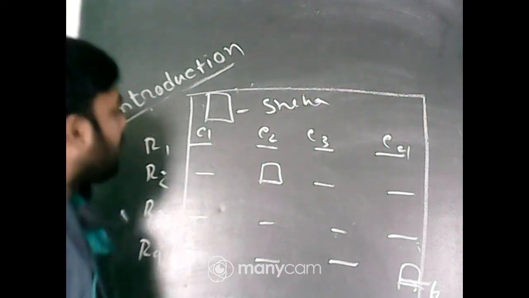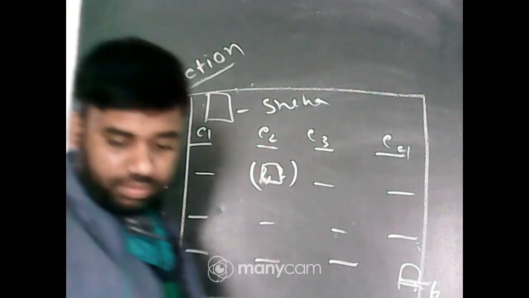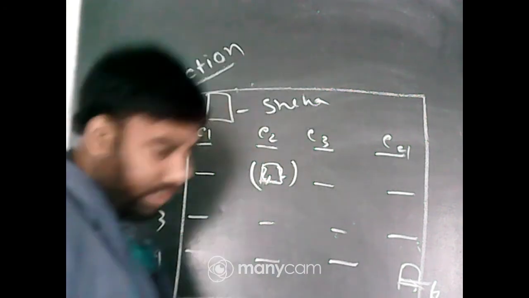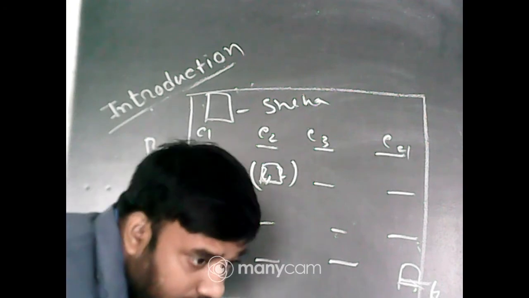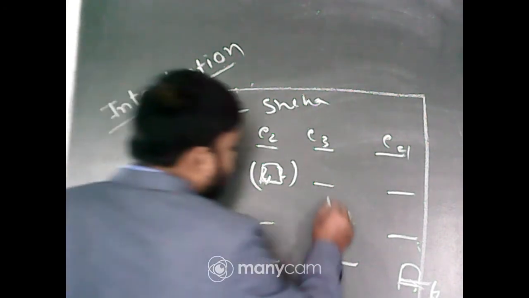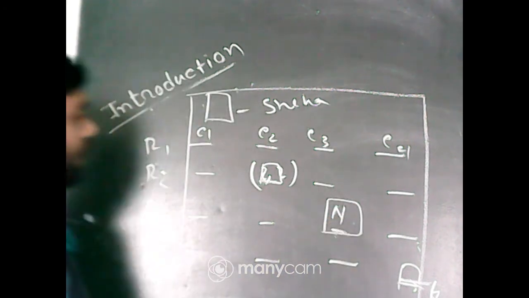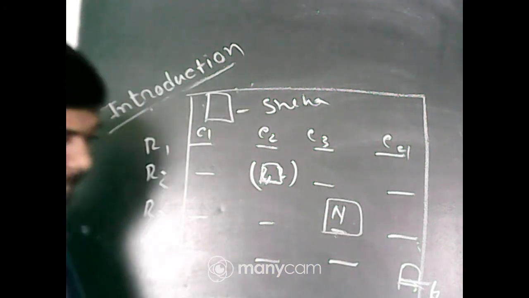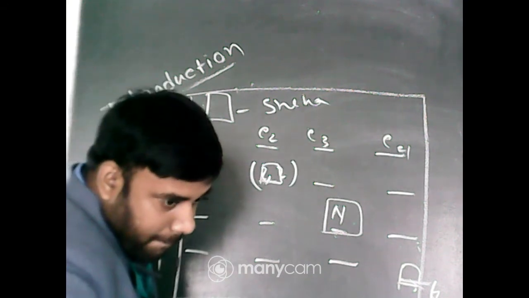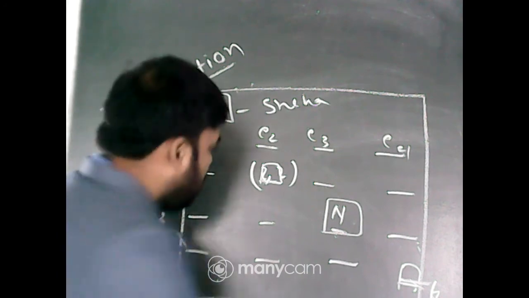So Adri's position is 2, 2. Got it? Next. Naina is seated here. What is the position of Naina? 3, 3. Very good.